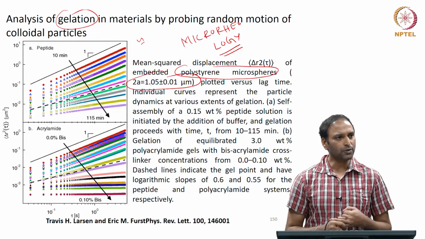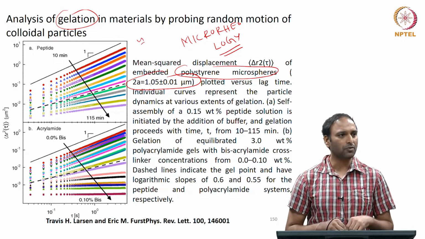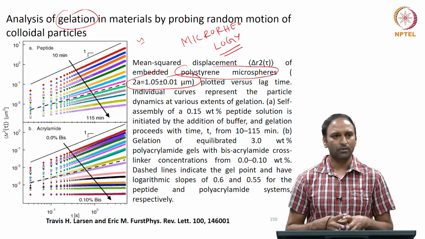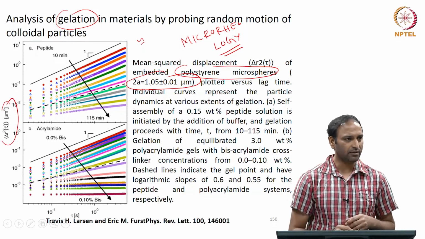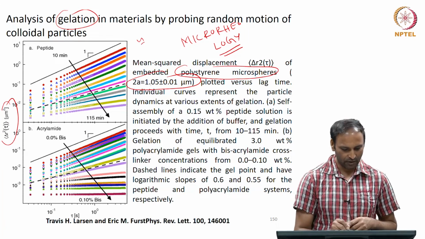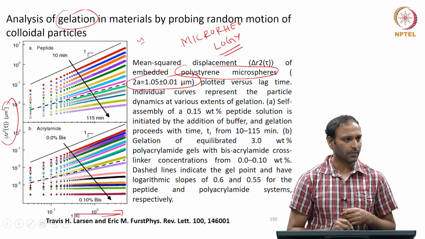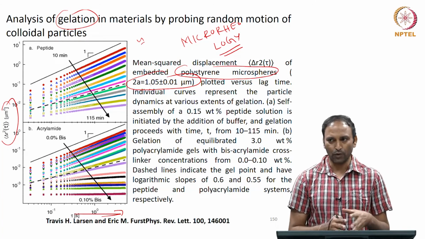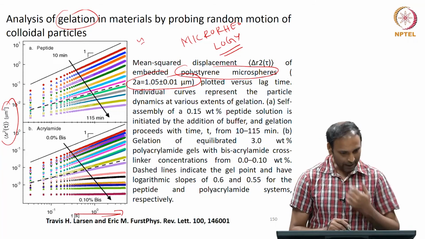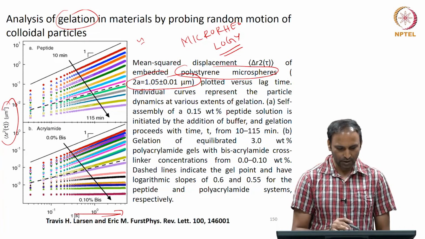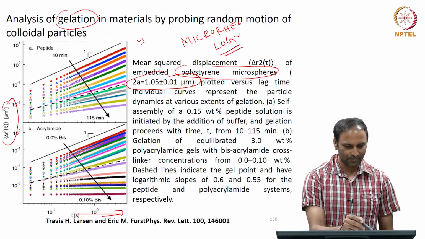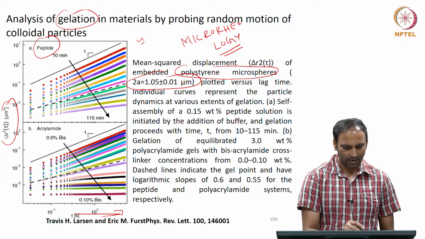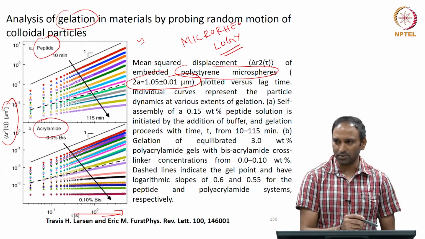What you do is you look at these probe particles and you measure their Brownian motion. I can get the mean square displacement as a function of time. We have discussed how to do that. What you are looking at is two separate systems: in one case it is a peptide, in the other case it is a polymer.